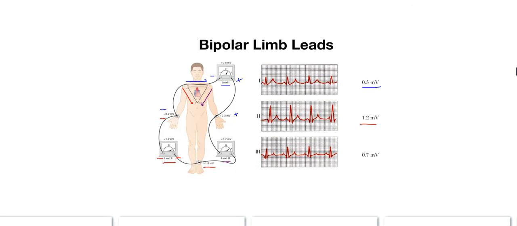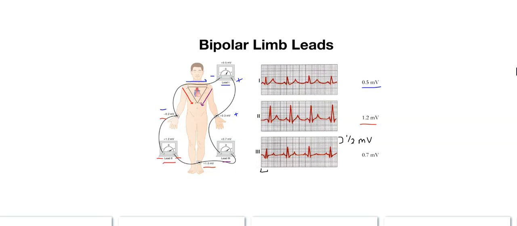Now, we talked already about the difference between the little versus the large squares, but only on the horizontal axis. That is your time. What about the little ones? The large square in the vertical axis is half a millivolt.